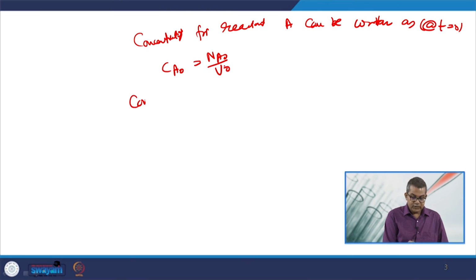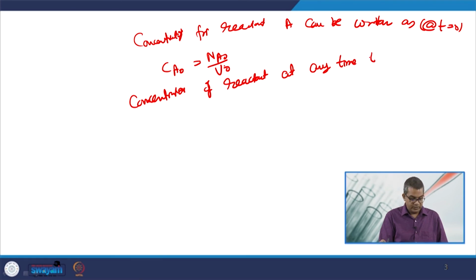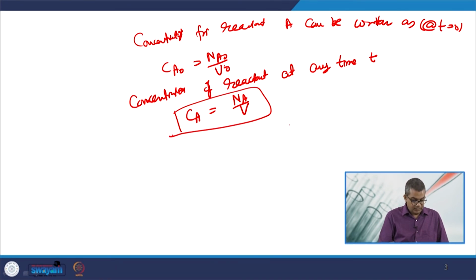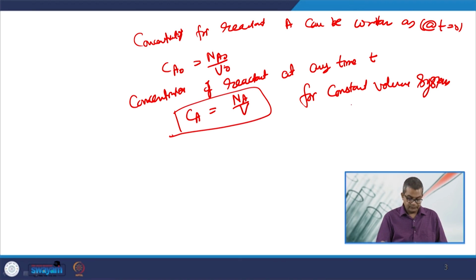Now, the concentration of reactant at any time t is equal to Ca equals Na upon V. We described this V previously. Now, for a constant volume system, this V is equal to V naught.